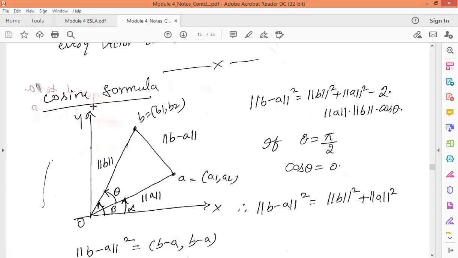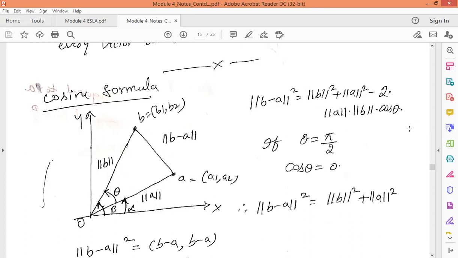In order to get the cosine formula, we are going to draw a perpendicular from the point B to the point A. So here we are joining B to A, and the distance between these two points, B and A, is denoted as magnitude of B minus A. So now we can write the length of the distance between the two vectors B and A as: B minus A vector whole square is equal to magnitude of B square plus magnitude of A square minus 2AB cos theta.